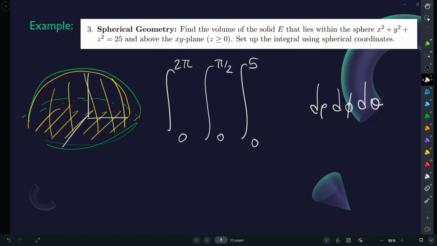I am integrating a volume, so in this case, I'm integrating the function 1. And I have to use my correction factor for spherical geometry, which is rho squared sine of phi.